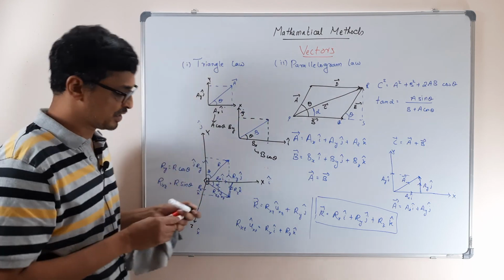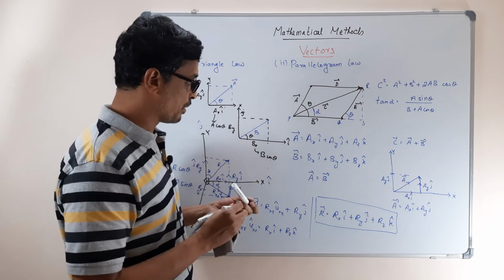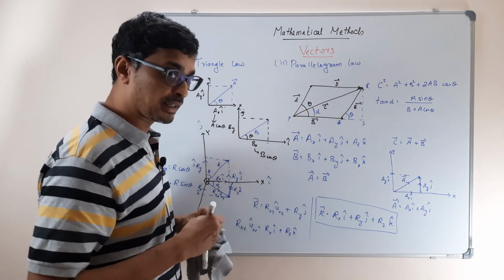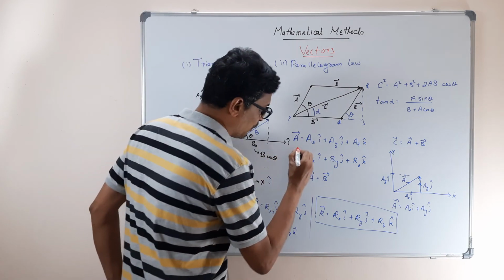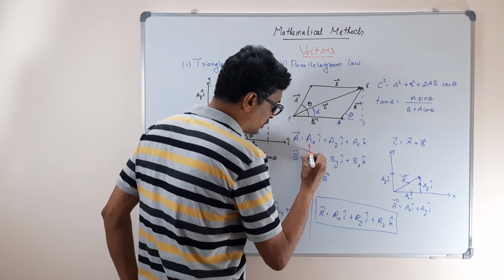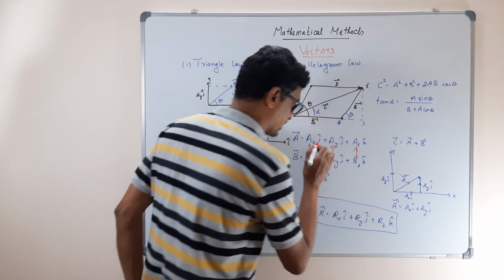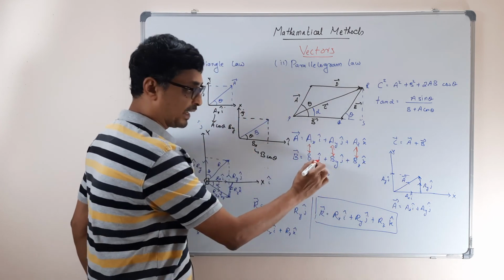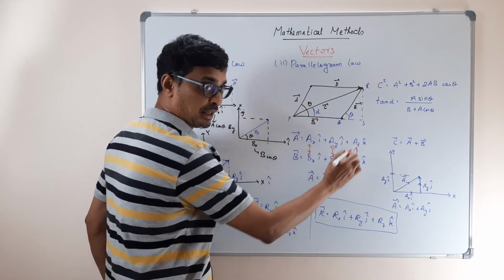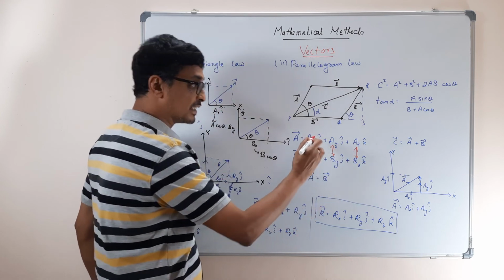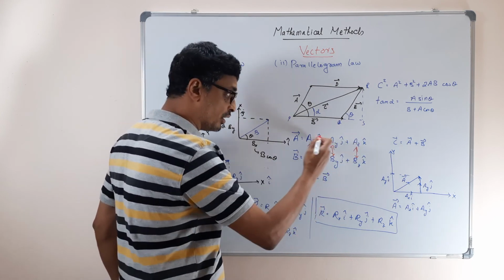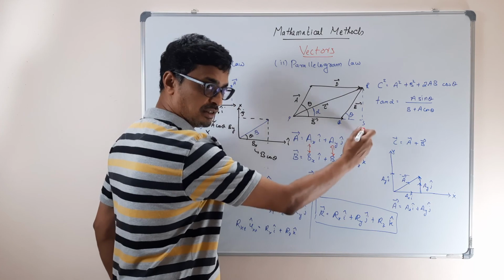I'm not going into it. The important thing to remember is that two vectors are said to be equal when their resolved components along the same directions, i cap, j cap, k cap, have the same magnitude.